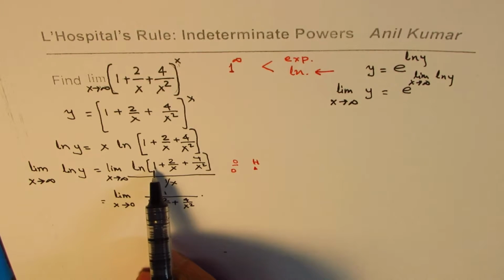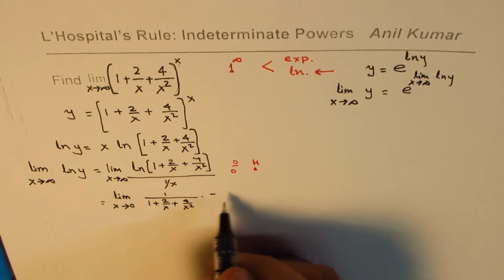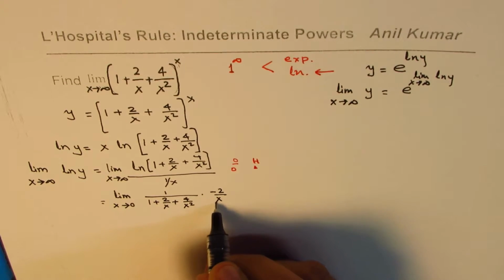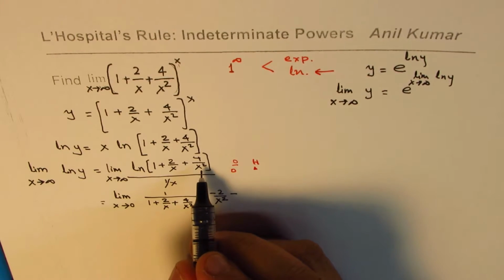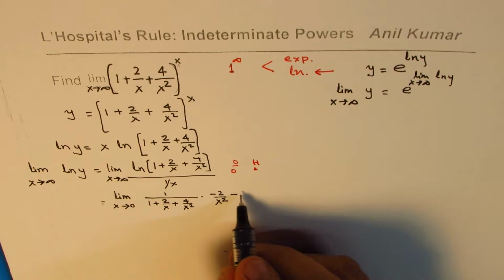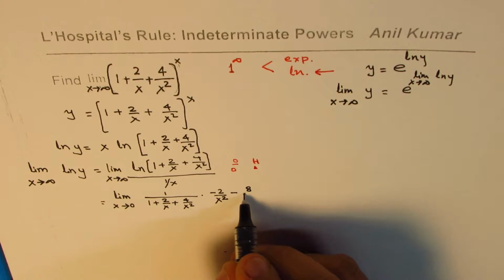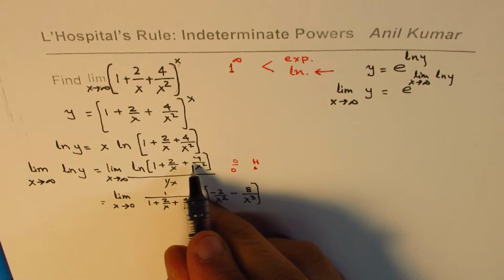Now the derivative of 1 is 0, this is minus 2 over x squared, and this is minus 4 times 2x over x to the power of 4. So we could write this as minus 8 over x cubed. That is the derivative of this function.